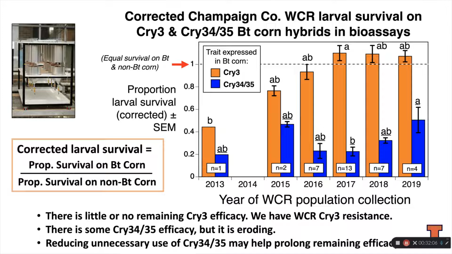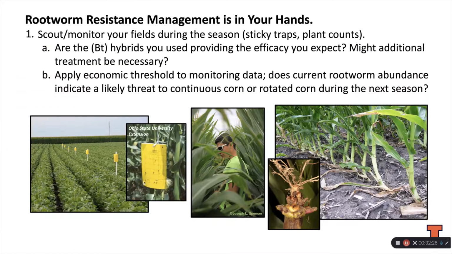I have a feeling that while we do have good efficacy to this Cry34-35 trait, that efficacy is beginning to erode. It would be great if we could have reduced unnecessary use of Cry34-35 when we don't have economic populations. This would help us prolong the remaining efficacy of this trait.